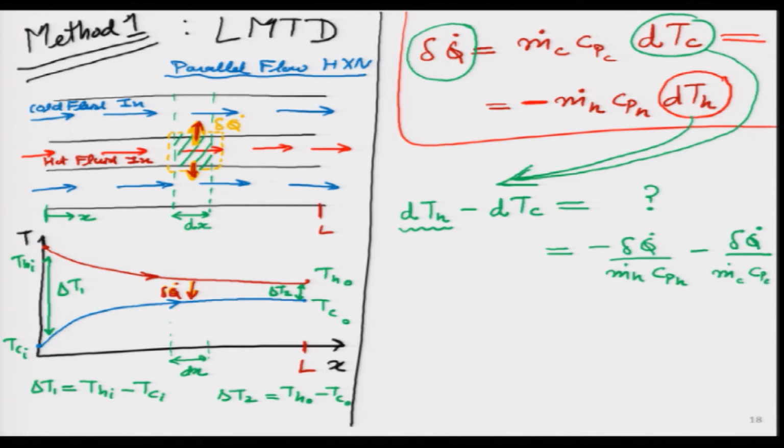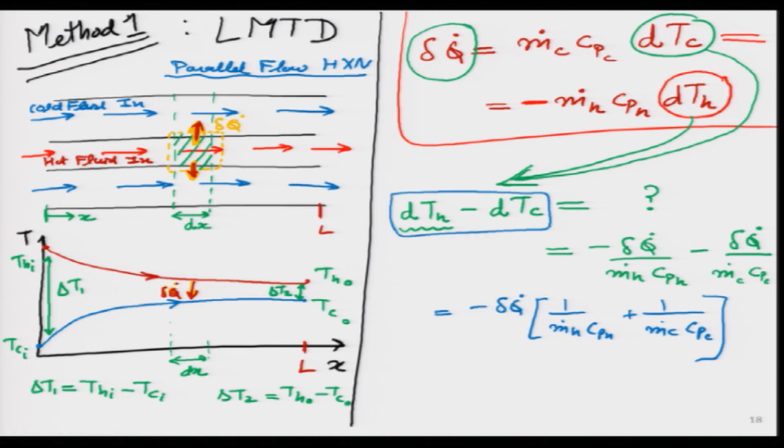Can I solve it a little bit further? I think so. I can take out the whole thing outside. Let me pick another color. So, I can write it as minus delta Q dot multiplied by 1 upon m dot_h Cp_h plus 1 upon m dot_c Cp_c. This is how I can write it. And the left hand side, what can I write this thing as?